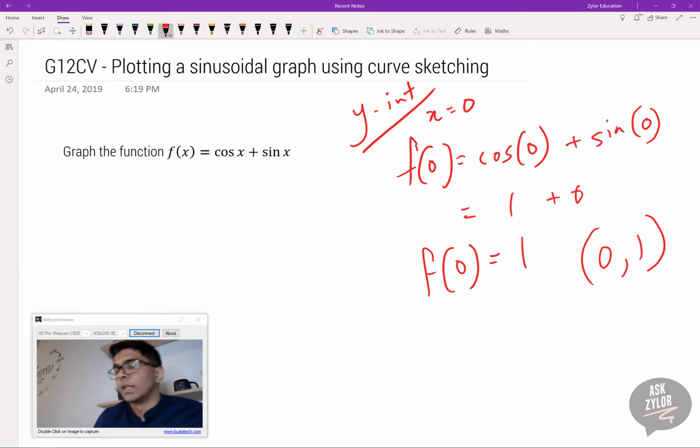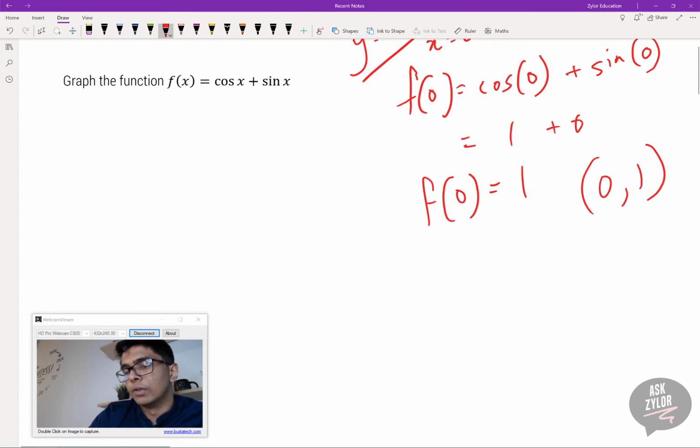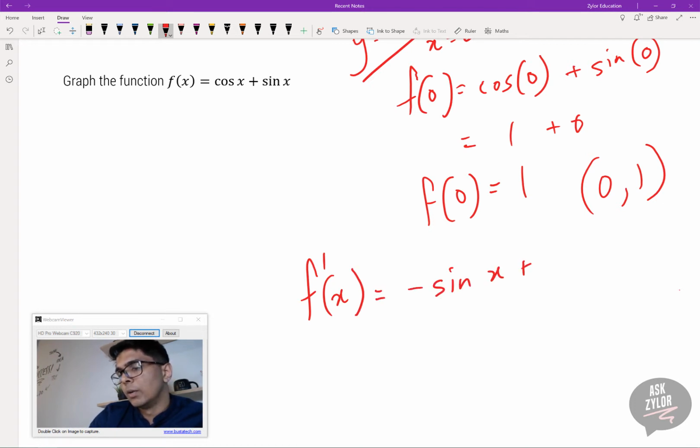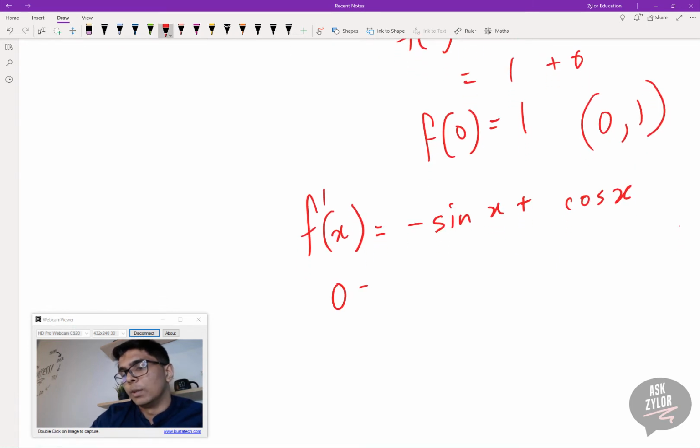So the next thing I can do is find the derivative for this function. So f prime is going to be negative sine x plus cos x. Right? And then what I can do is set my derivative equal to 0 and find my critical points. So when is it equal to 0: negative sine x plus cos x.